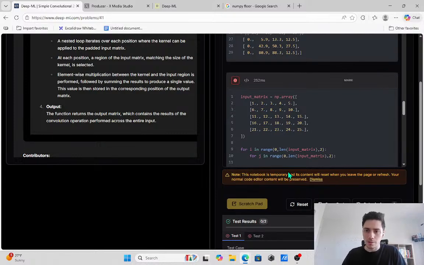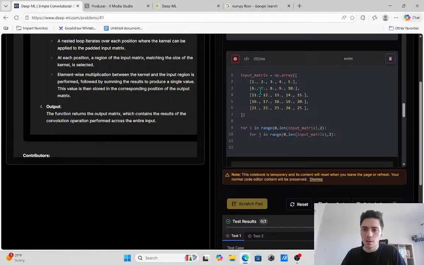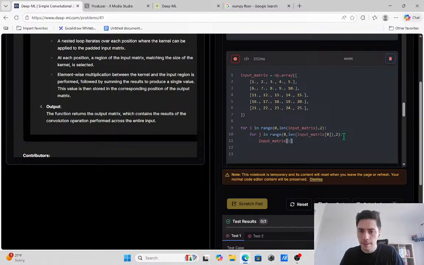I think I'd get used to all these loop-de-loops, but I always find myself making mistakes here. From I to I plus 4, and we want to do j till j plus 4.